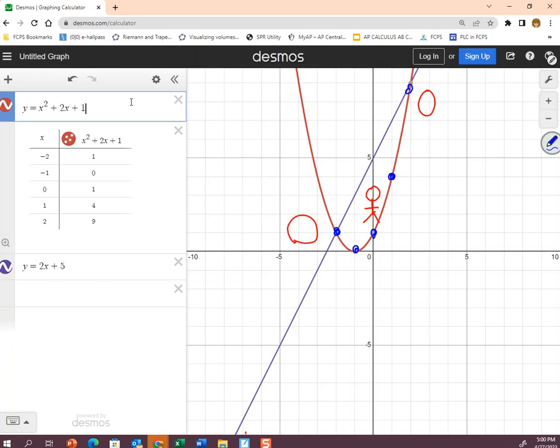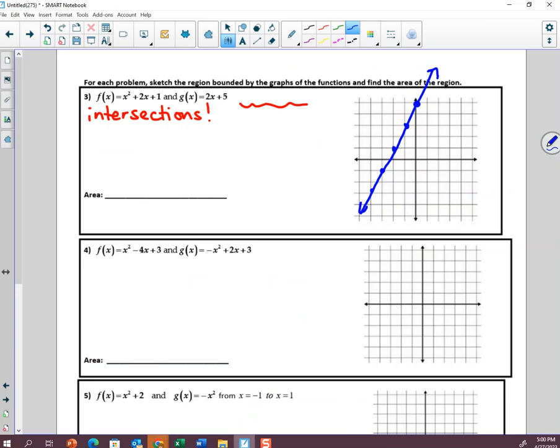So negative 2, 1, negative 1, 0. Negative 1, negative 1, 0, and then 0, 1, and 1, 2, 3, 4, and then, so kind of went like that.